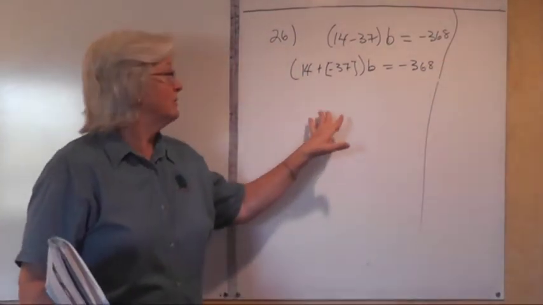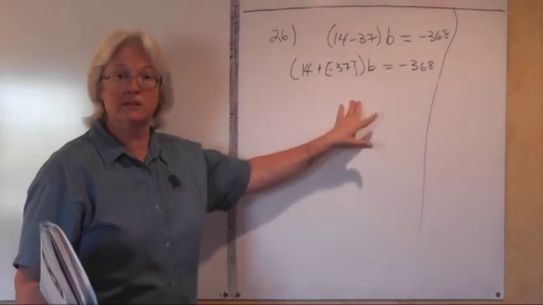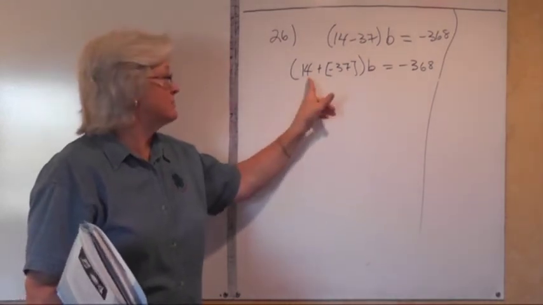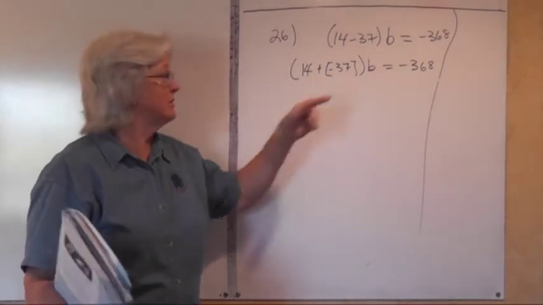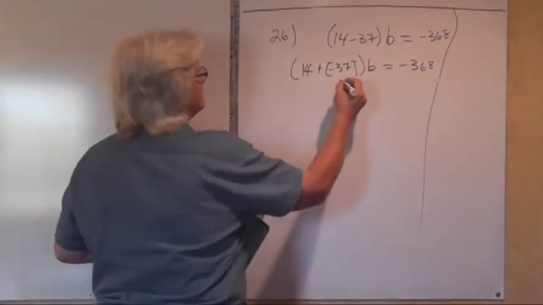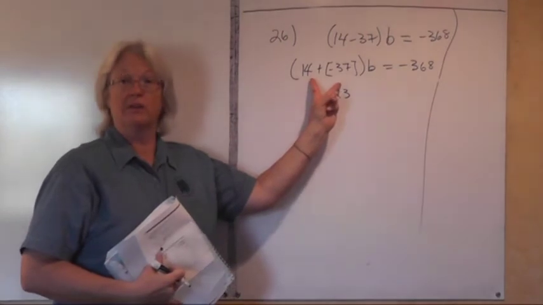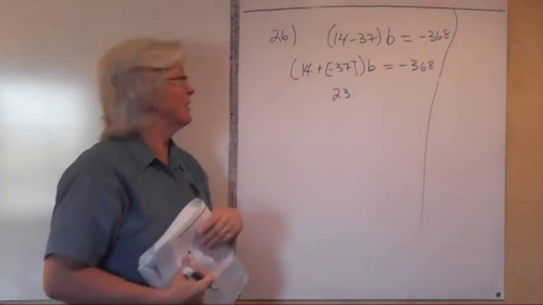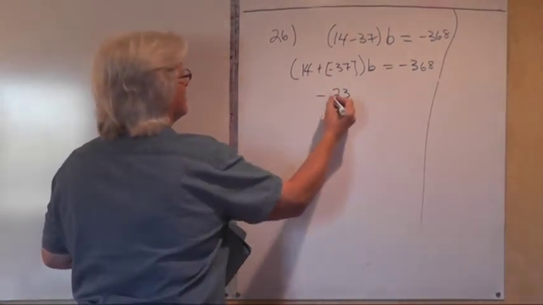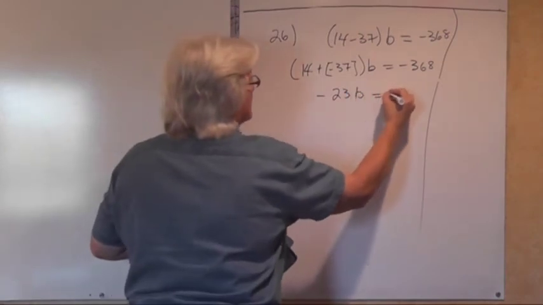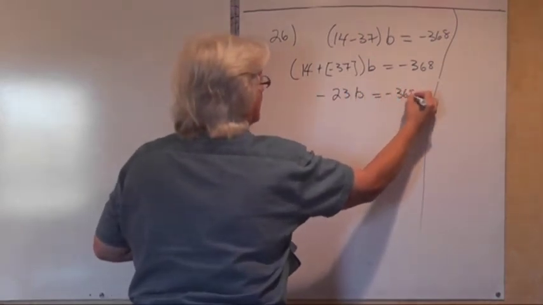What do you do when you're adding oppositely signed numbers? Subtract the smaller from the larger, which is 23, and you keep the sign of the number that has the larger absolute value. So we have negative 23 times b is equal to negative 368.